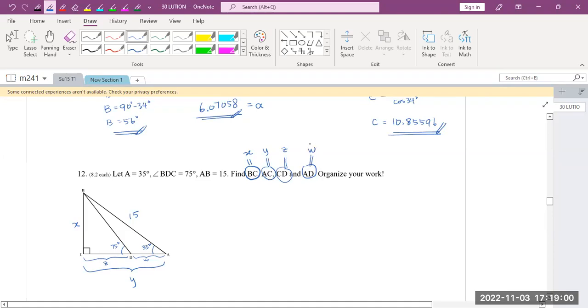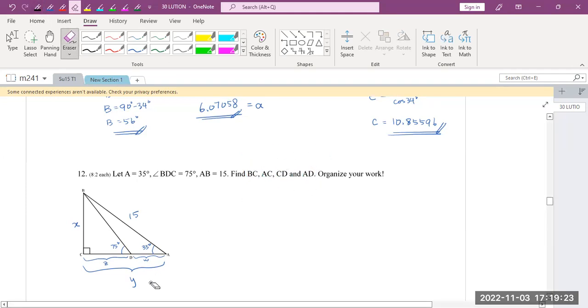Now take a look at that X. Actually, you may be able to do any one of these in a different order. But I believe when I wrote find BC, AC, CD, and AD, I wanted you to do it in that order. Now let's start.